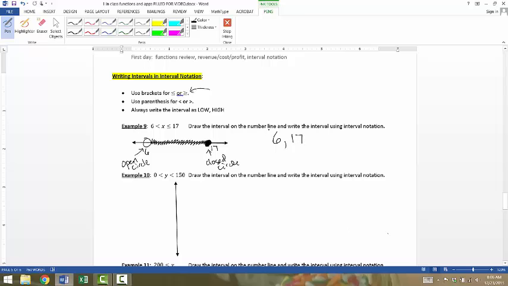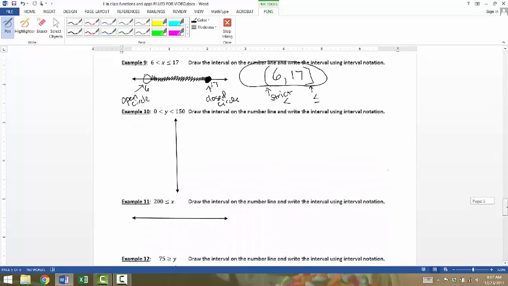We use a parenthesis to indicate strict inequality, so in this case it's strict less than, and we use a bracket to indicate that it can equal that value on the end. So in this case it's this less than or equal to with a bracket. Here is the interval notation: parenthesis 6 comma 17 bracket, 6 up to 17.